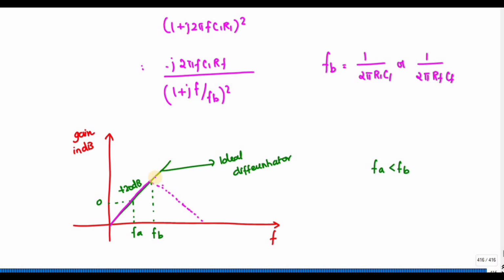So if I minus this 20 dB means the gain is like this. Okay, if I again reduce it by minus 20 dB, the gain gets reduced like this. So this is nothing but your response of the practical differentiator.